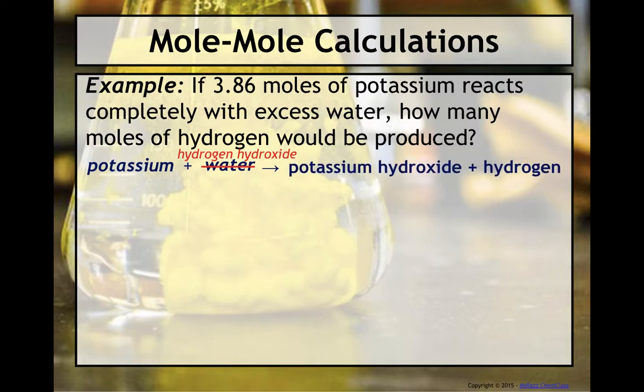I'll show you that. So we would expect that to make potassium hydroxide and hydrogen. This is very similar to the reaction that we did in class. We didn't use potassium, but I showed you what happens with sodium in water. It's quite a violent reaction.